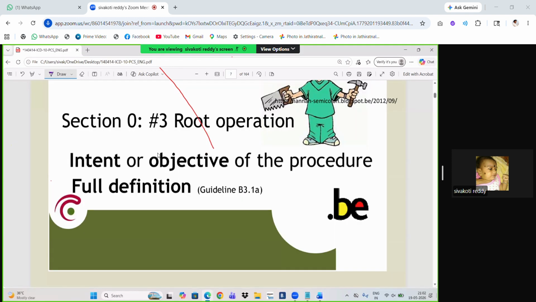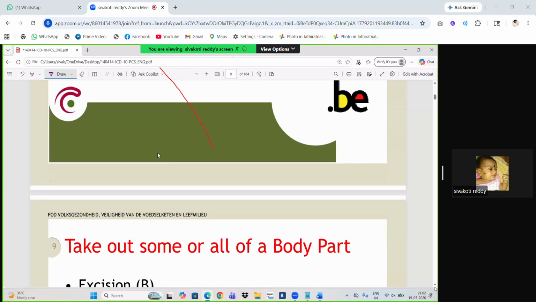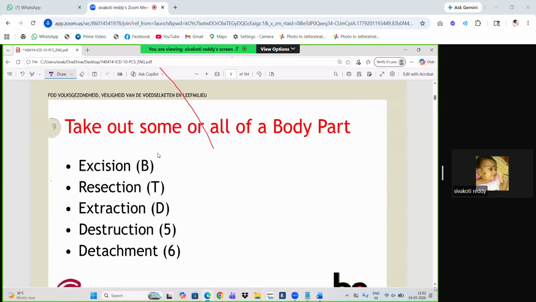The first group is cutting out some or all of a body part. These are the root operations: excision, resection, extraction, destruction, detachment. These 5 root operations relate to removal of a portion or complete body part based on various techniques.